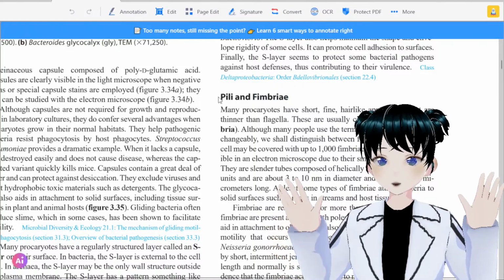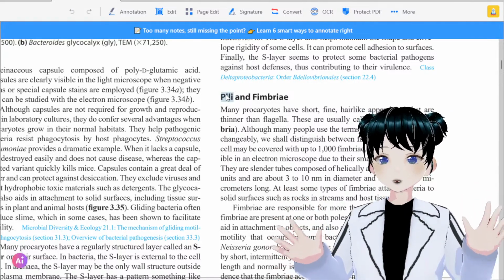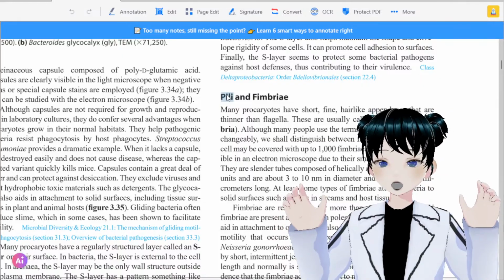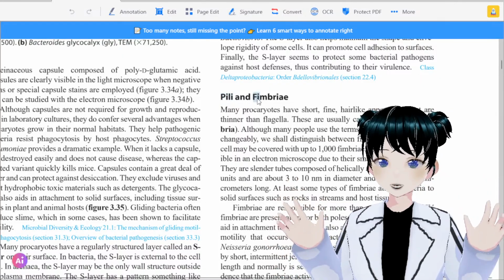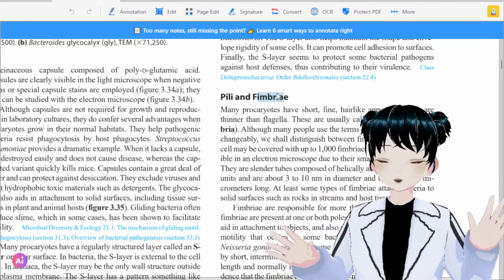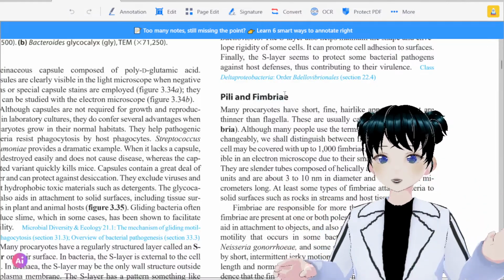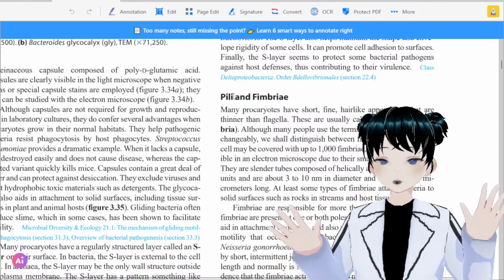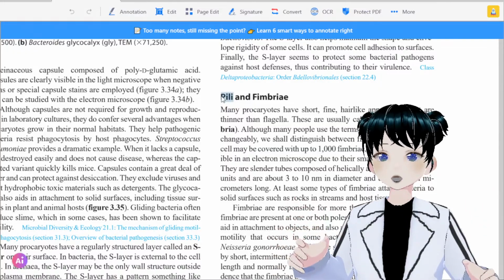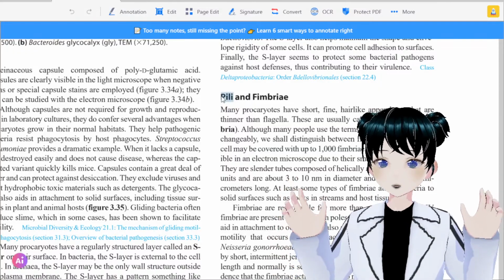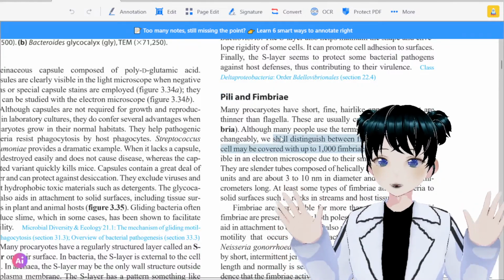Don't mix it up with the flagella, which is also for motility, and is more centered towards motility than attachment. Fimbriae actually have a role in attachment. So we have flagella for motility, fimbriae for attachment, then pili for transfer of DNA. It's more used as a tube that will transfer DNA from one bacterial cell to another.